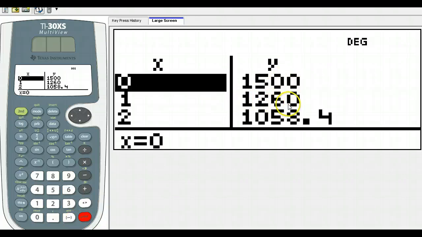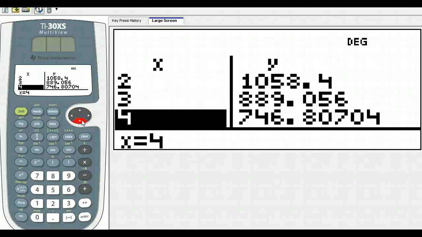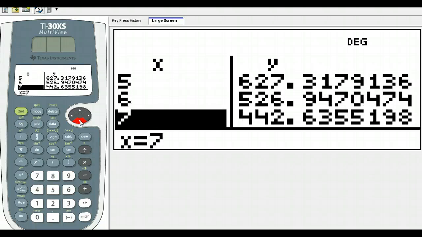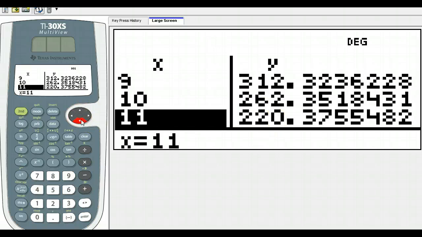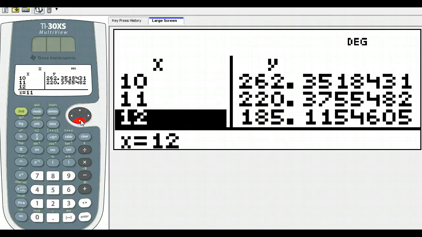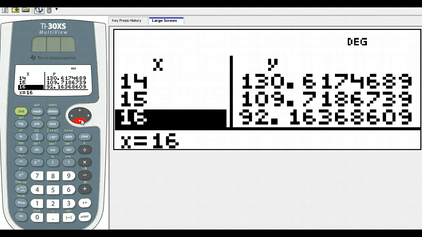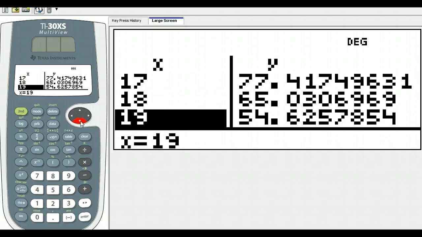So there's the value after 1 year, a couple years, and we're already down to a little over $1,000, but you could keep going. You can see it's getting less and less. It's down to $312 after 11 years, 12 years, 13 years. Now eventually the calculator is going to round this to 0.